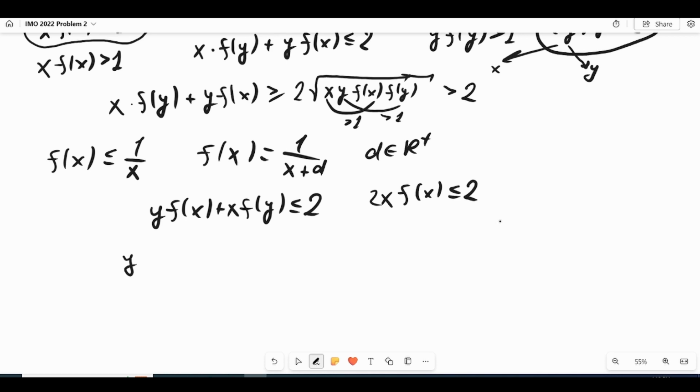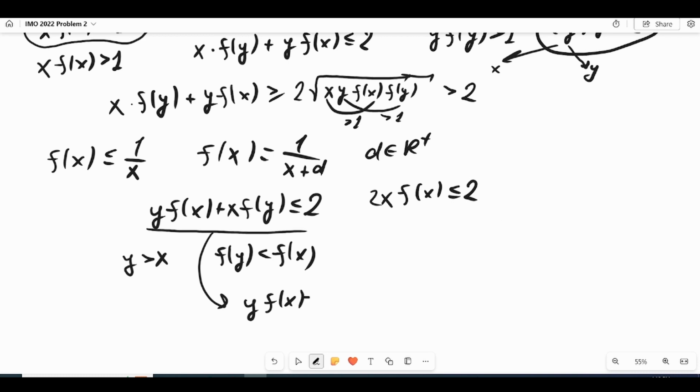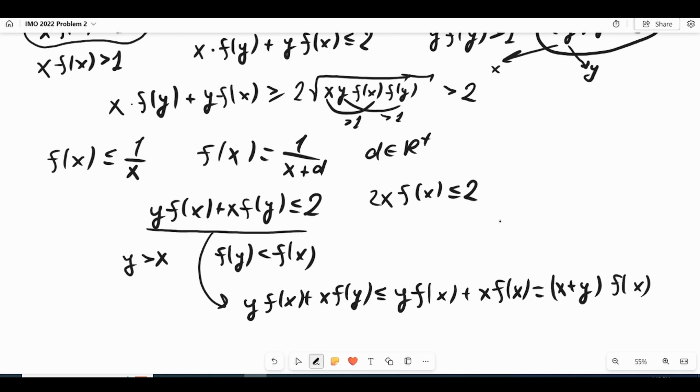So when y is more than x, f(y) must be less than f(x). And if we write this here, we get that y times f(x) plus x times f(y) must be less or equal to y times f(x) plus x times f(x). So this would be x plus y times f(x). And if we manage to find such y that x plus y times f(x) is less or equal to 2, then we get the contradiction.